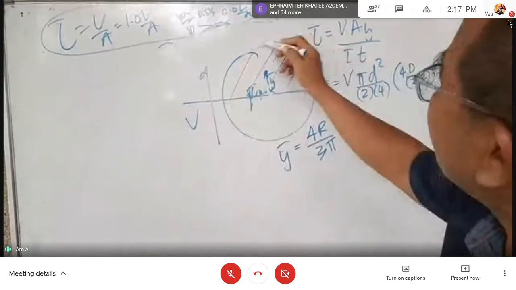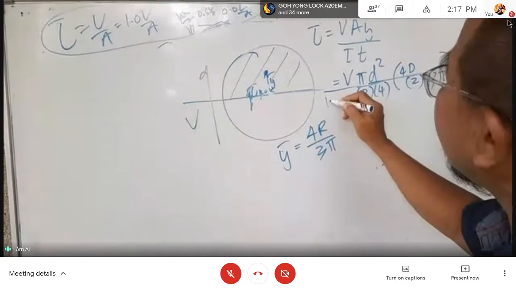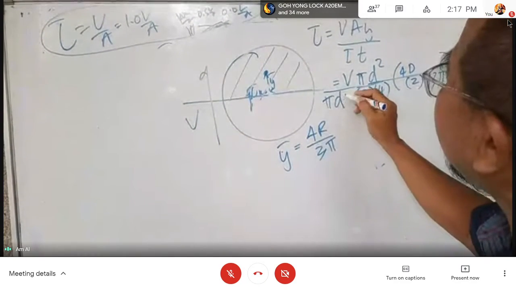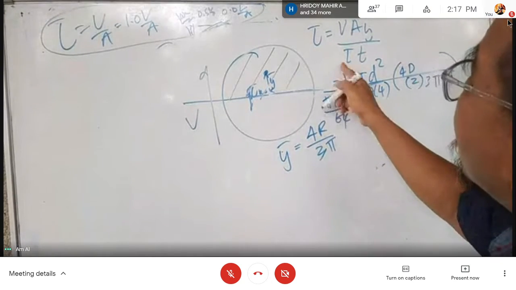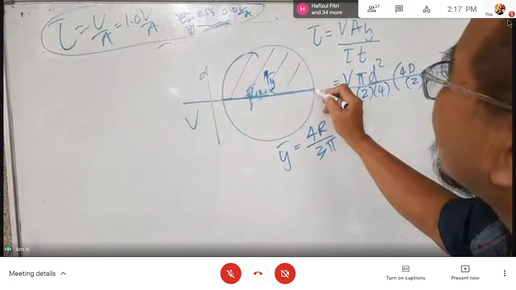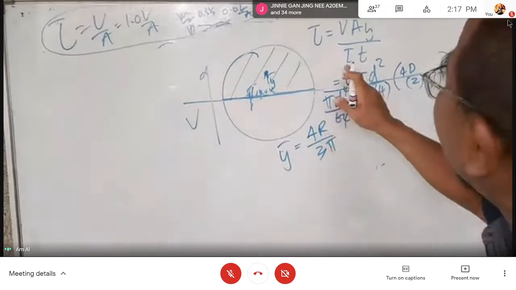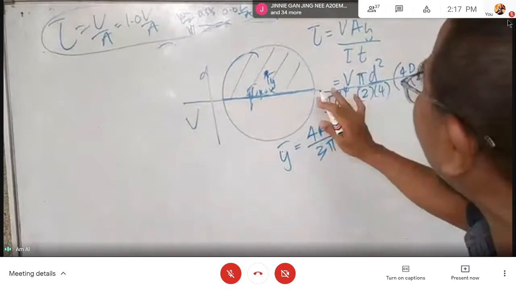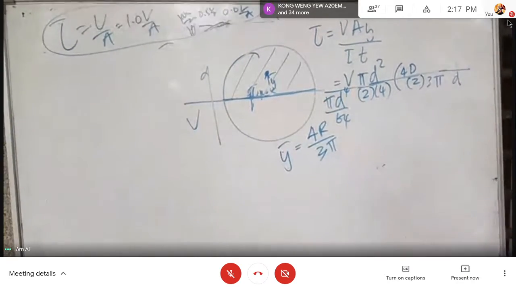Circular one. What is the I of the circular one? Pi d to the power of 4 over 64. And then what is your T? Your T there is your D. I and T, and there's a D at the bottom there.